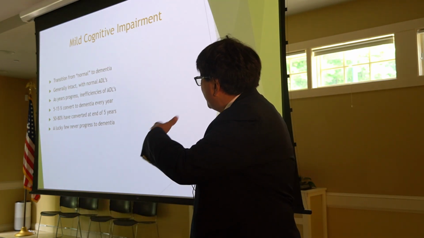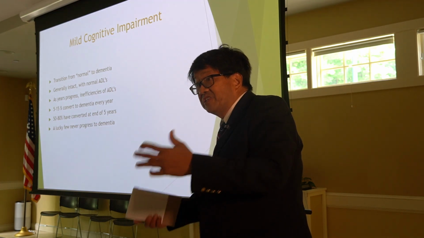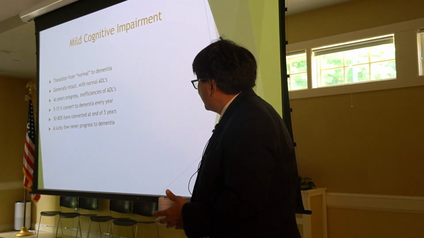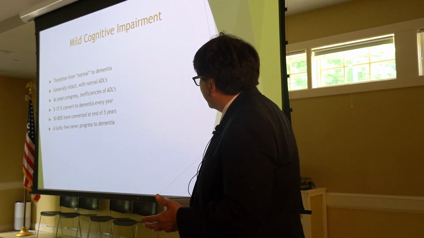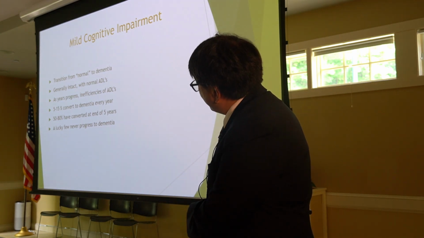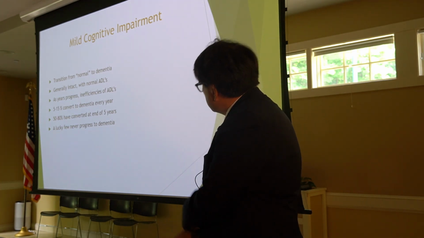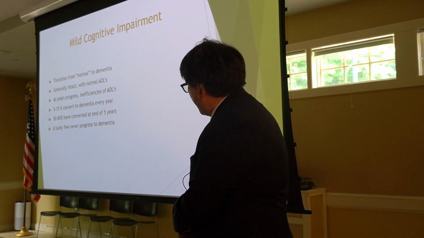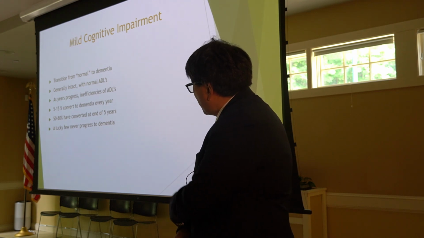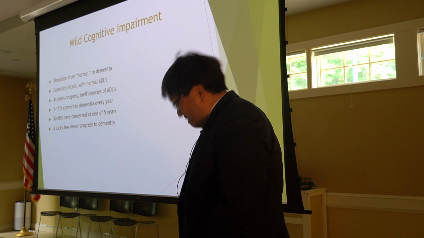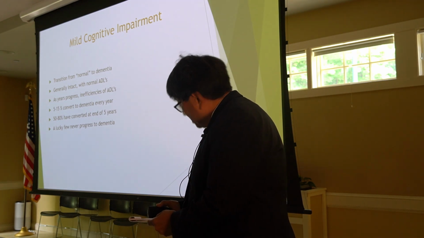But then, as the years progress, those inefficiencies get worse, and you become eventually incapacitated. So you convert about 5 to 15% a year, and so 50 to 80% have converted at the end of 5 years. But there are a lucky few that never progress to dementia.